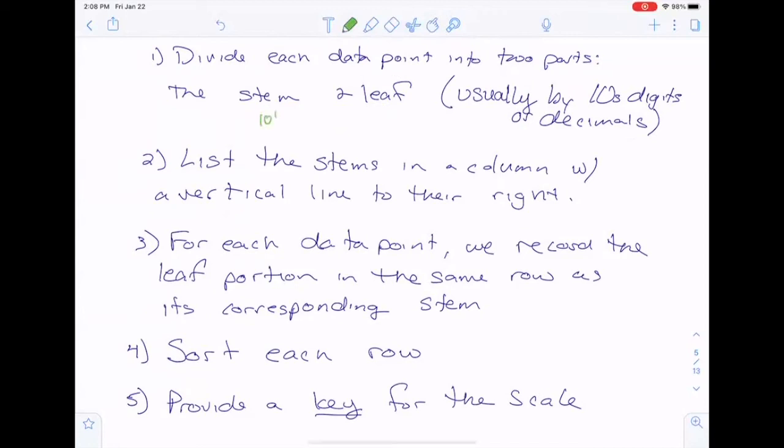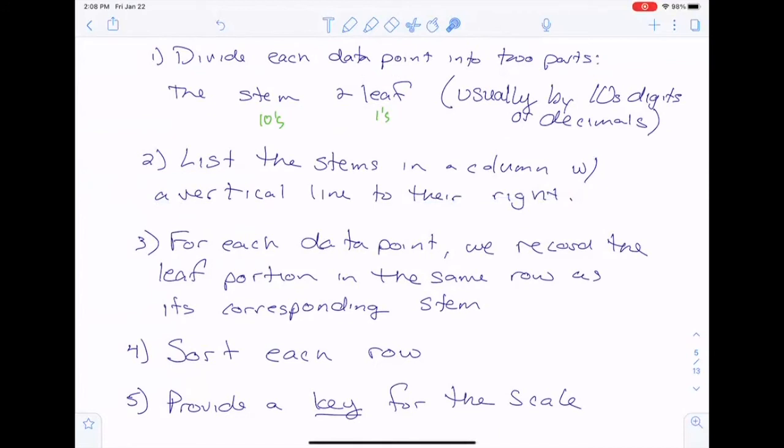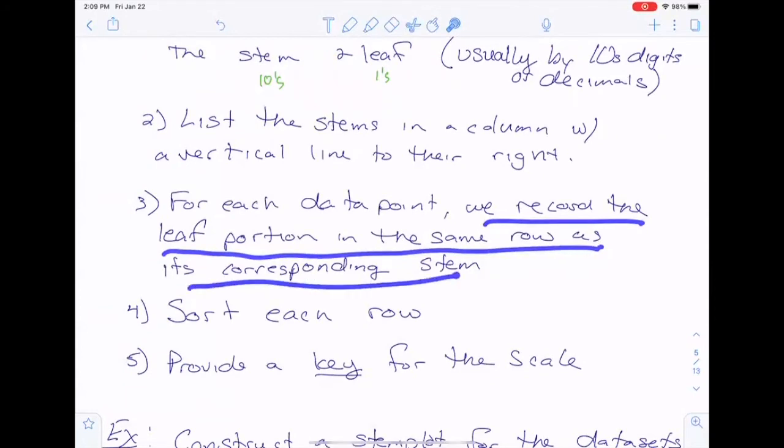Usually the tens place and the ones place are the stem and the leaf respectively. We're going to list the stems in a column vertically with a line to their right. And then for each data point, we're going to record the leaf portion in the same row as its corresponding stem.